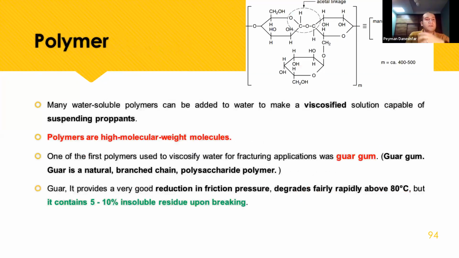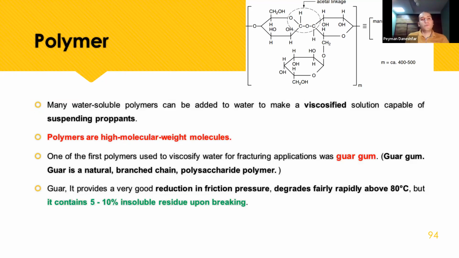Polymers are high molecular weight molecules that are water soluble, and can also viscosify the solution, making it capable of suspending proppant. One of the first polymers used to viscosify water for fracturing applications was guar gum.